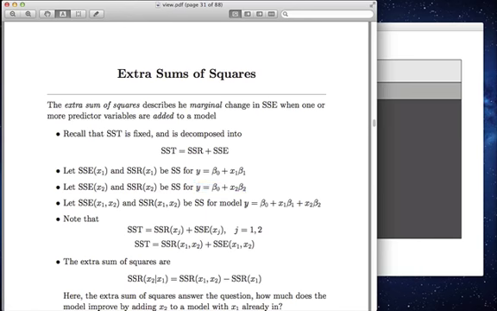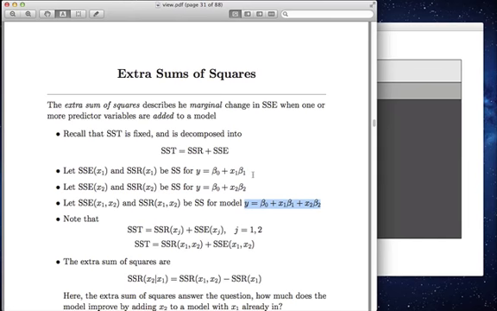And the third model has both predictors in it. So the question is, which of these models should we be using? How much benefit do we get by bringing x2 into a model that already has x1 in it, or vice versa? To answer these questions, I need to introduce some notation.